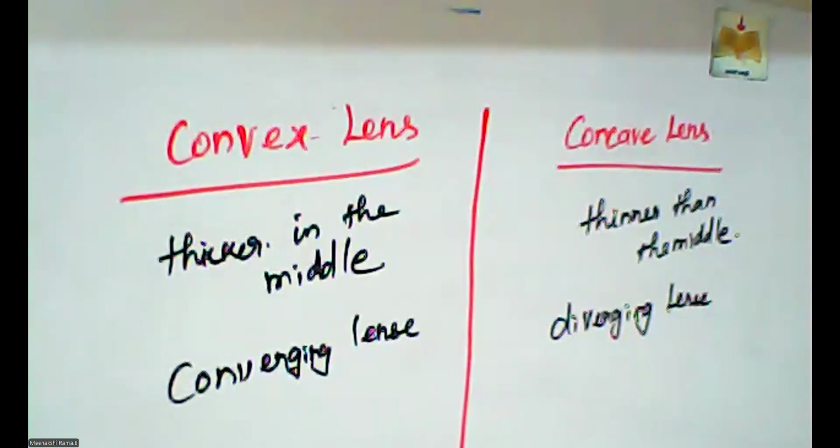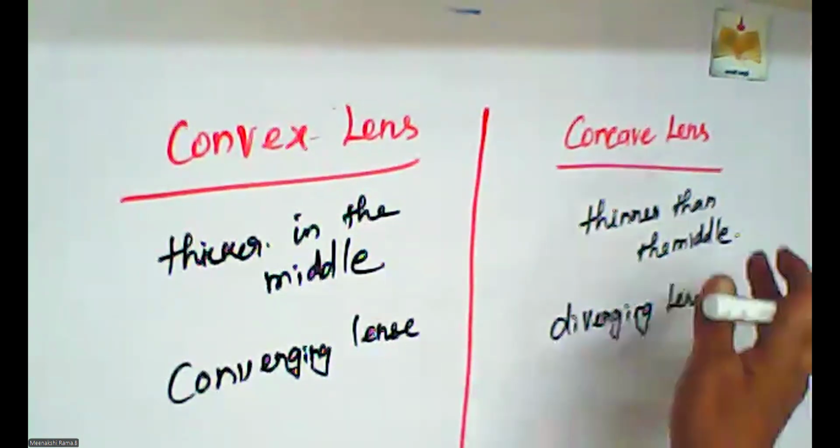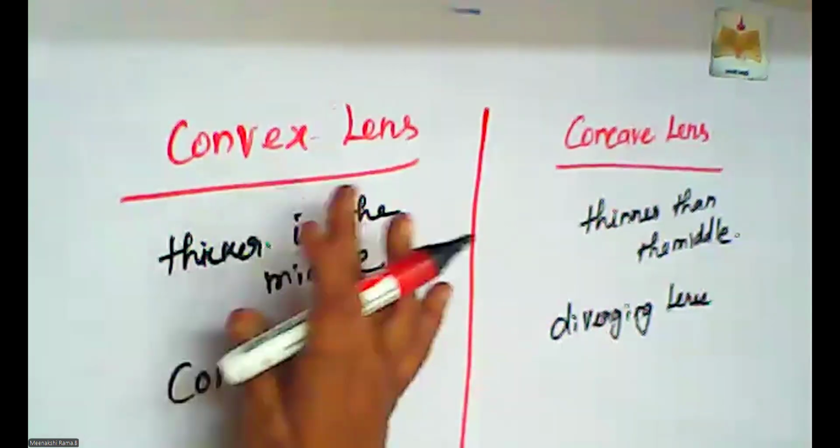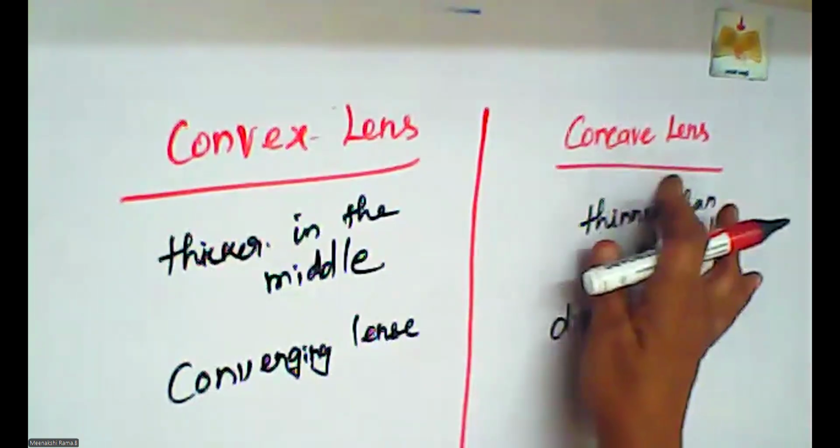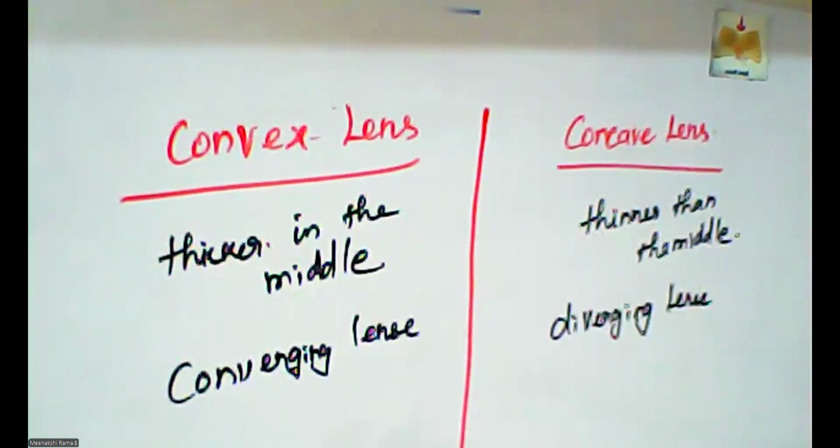The light is converged in a convex lens, and it is diverged in a concave lens. So a convex lens is otherwise called a converging lens, and a concave lens is otherwise called a diverging lens.